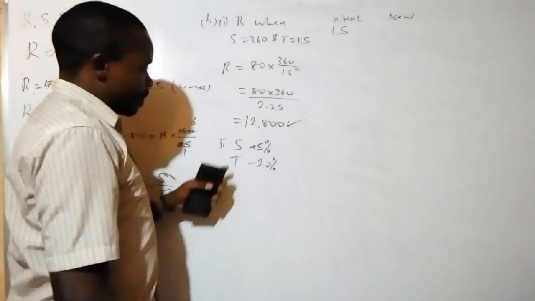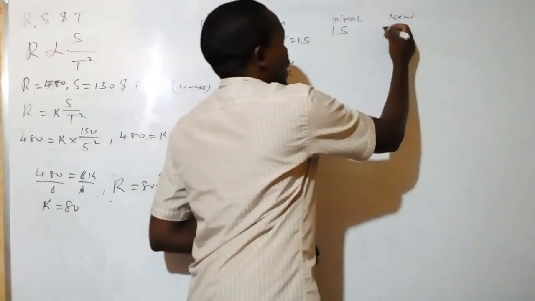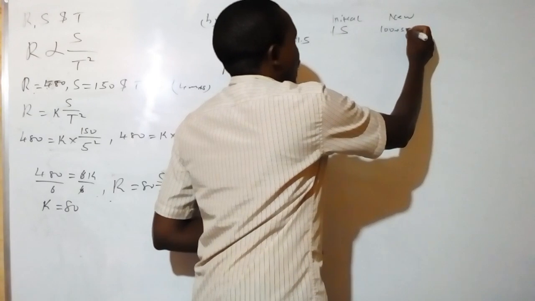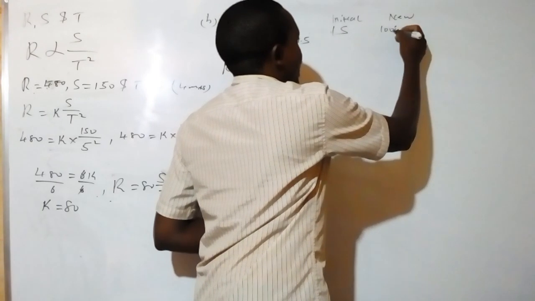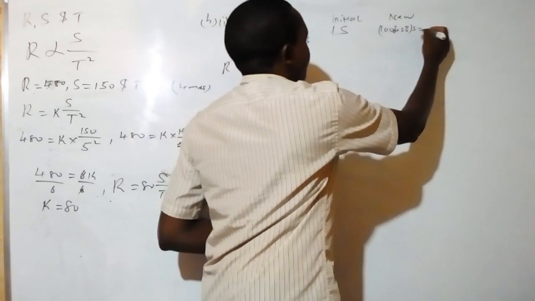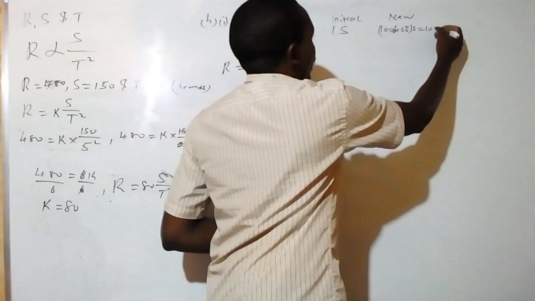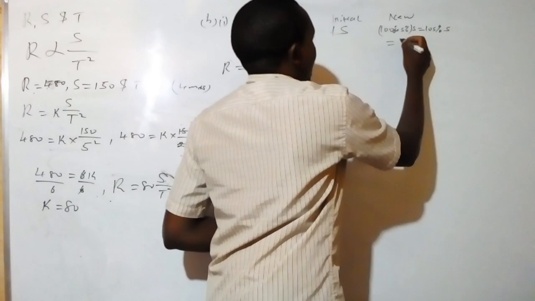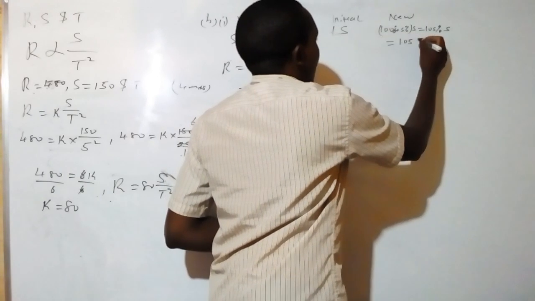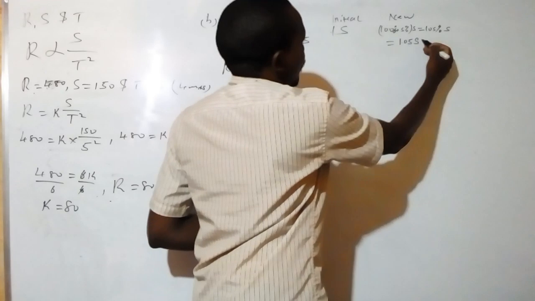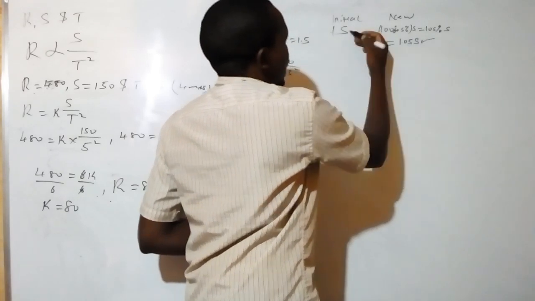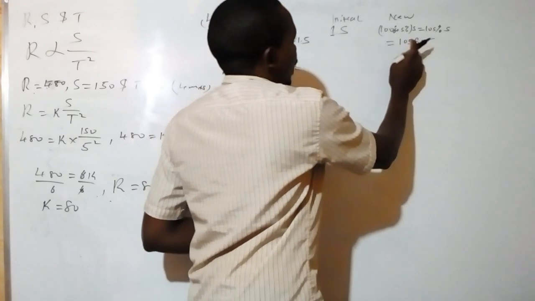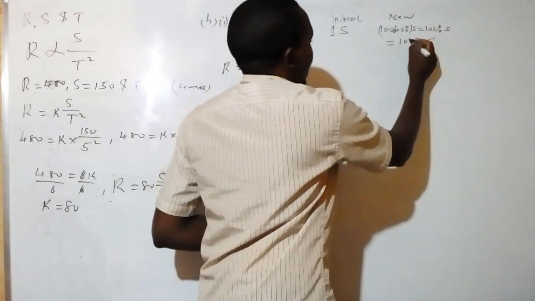We are going to say 100 plus 5%, into bracket S, and this will be 105% S, which is the same as 1.05 S. Yeah, this is the new value of S. This is the old, this is 1S.